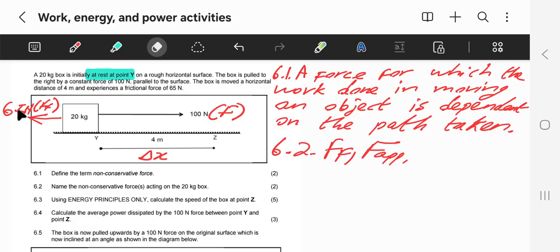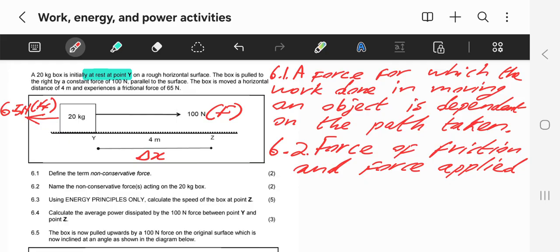We also have this 65 newtons force, which is our force of friction. So if we answer this question, then we will say that the forces that we have are the force of friction and the force applied. Okay, so guys, those are going to be our two forces, the force of friction and the force applied.